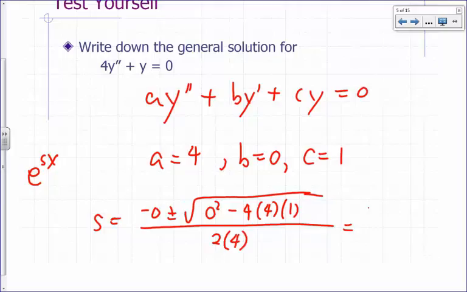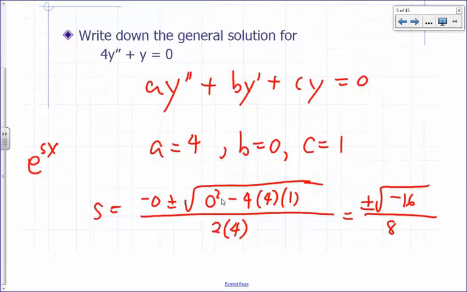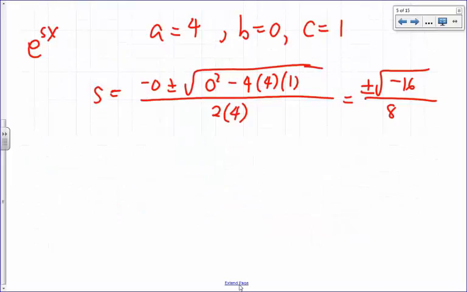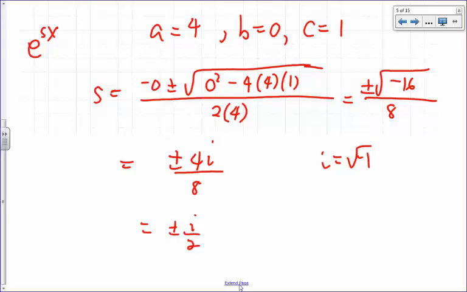So that's going to be equal to plus or minus the square root of negative 16 over 8. What's the square root of negative 16? 4i. Okay, so that's plus or minus 4i. i is the square root of negative 1, right? Over 8, so plus or minus i over 2.